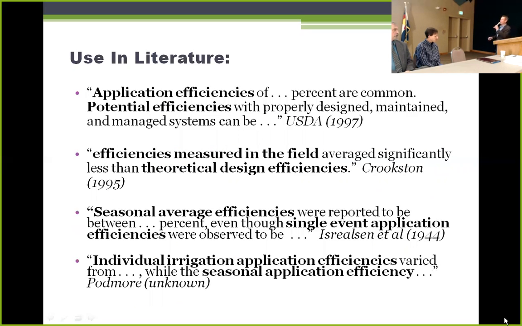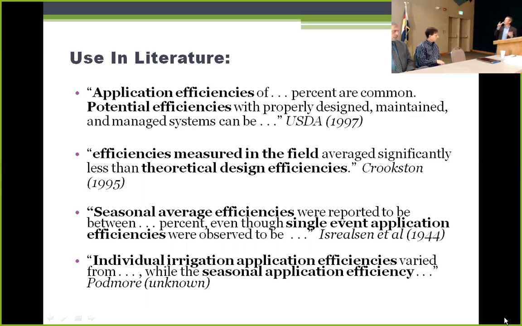So I have a couple examples of the use of efficiency in literature. And the first one, they talk about application efficiencies of X% are common, and potential efficiencies with properly designed, maintained, managed systems can be something else. And so what I think this publication is really saying is that you may go out in the field and determine that certain application events achieve a certain efficiency, even though you can calculate or determine the potential efficiency could have been some other numbers.